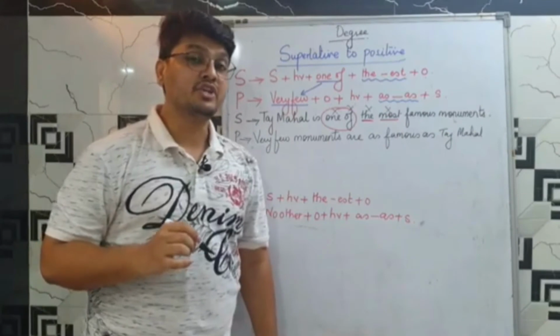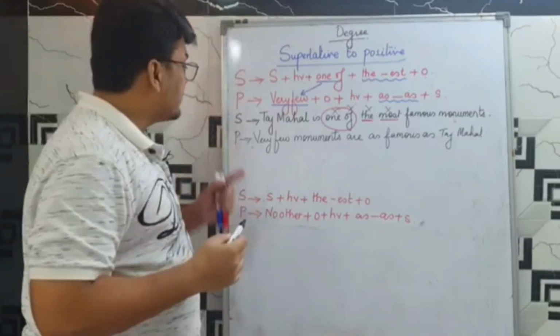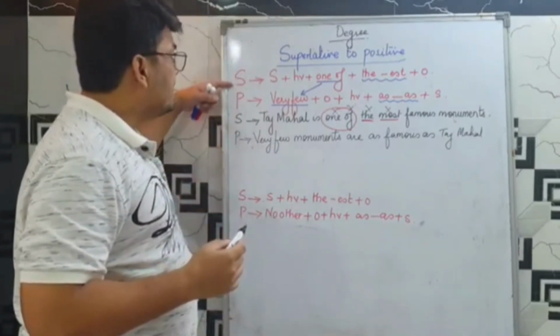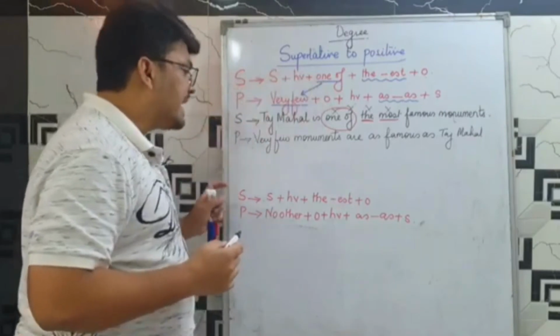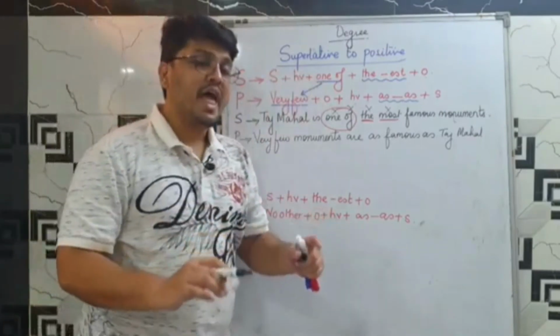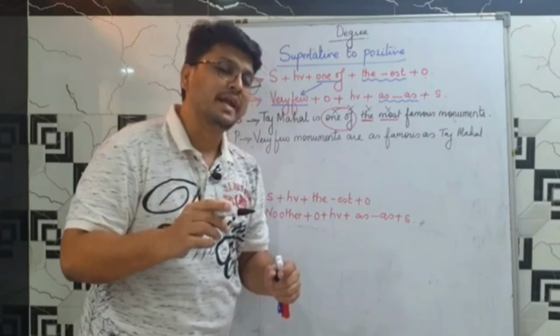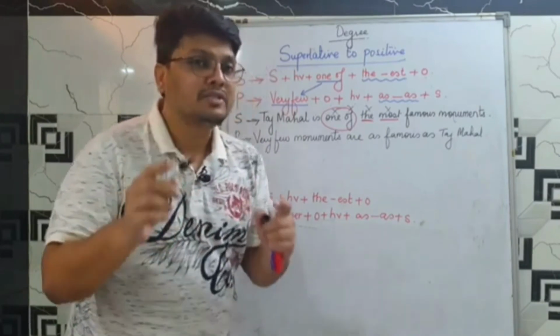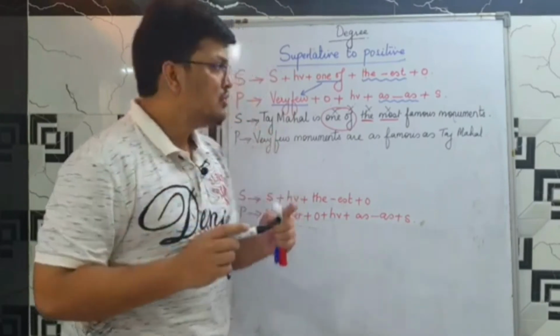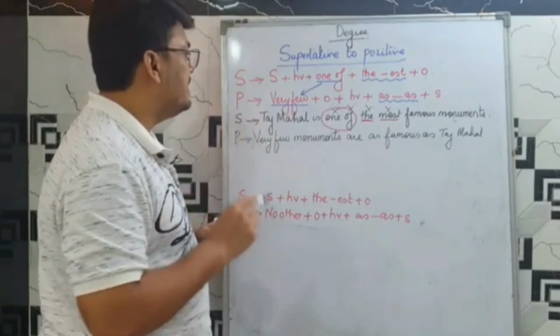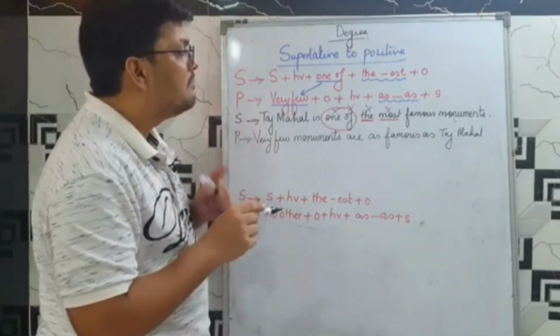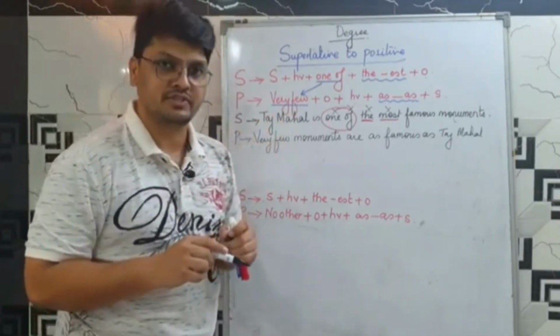Once again I teach you, students, we have two types of superlative degree. In one, you will see one of, and in the second one, you will not see one of. And if you see one of in the superlative degree, begin the positive degree with very few. You can see I have given you this example: Taj Mahal is one of the most famous monuments.